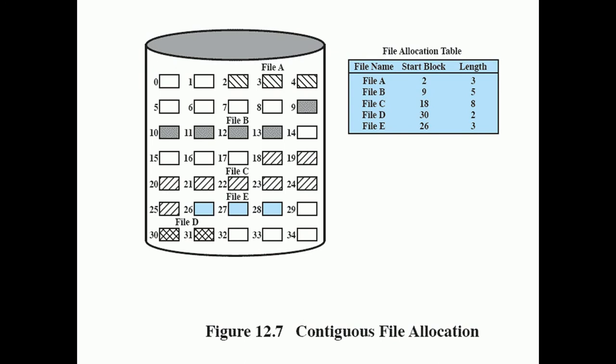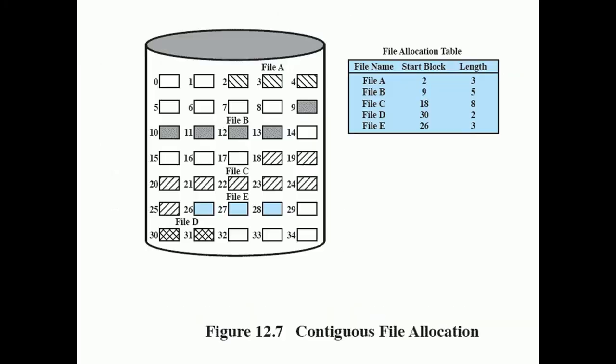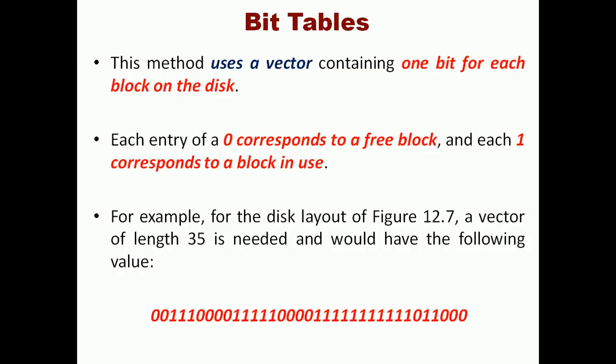See in this diagram, we have 35 blocks. How are we going to segregate these 35 blocks as free blocks and allocated blocks by using a bit table? The first two blocks are not allocated, so 0 0, because 0 is meant for a free block.